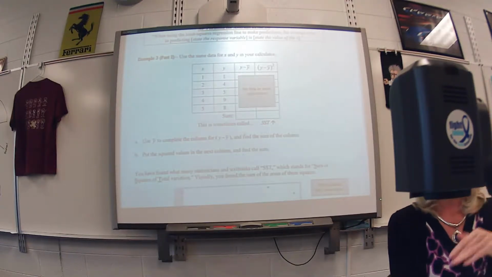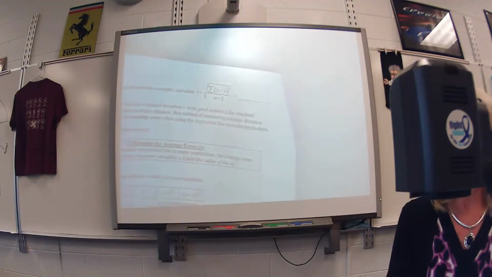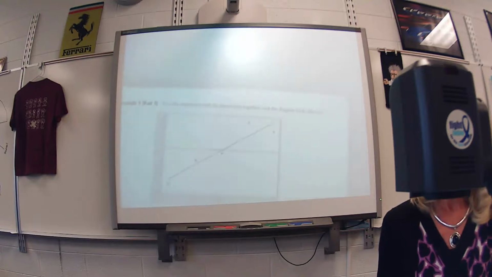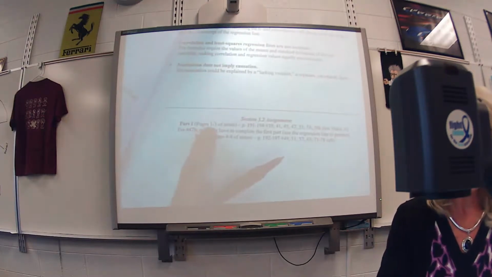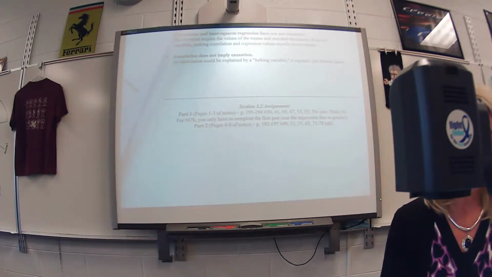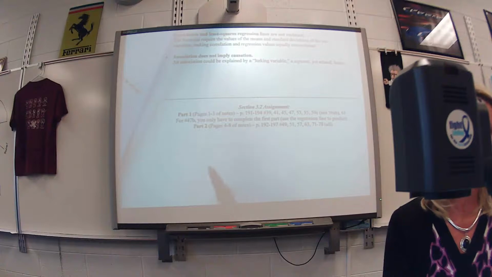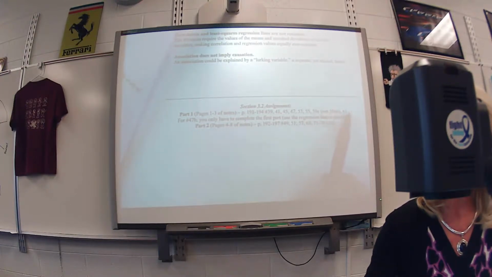Okay, and I said I won't totally get into that right now because we're so close to the end of the hour. So your homework then is pages 1 to 3 of the notes. Keep in mind that's when this is not copied as a packet. So in other words, the first 3 pages of the 3-2 notes, you should be able to do any of this homework.